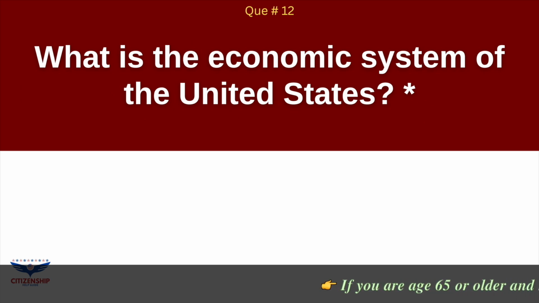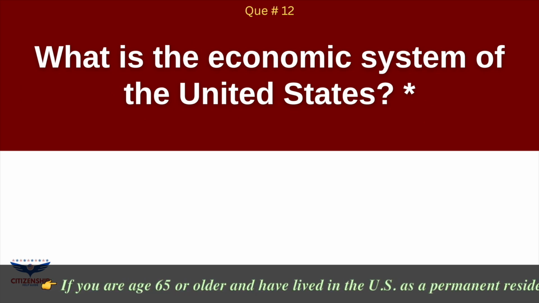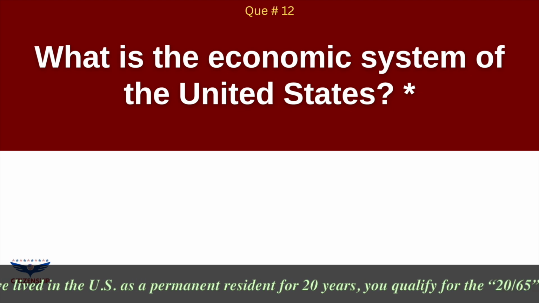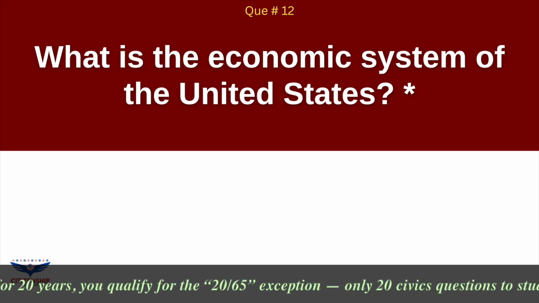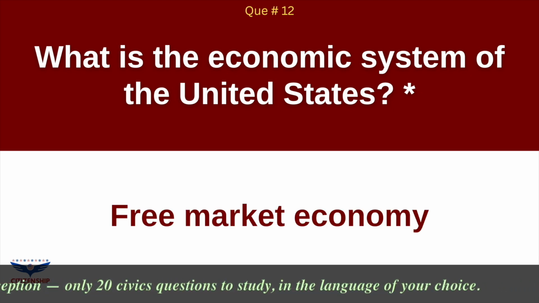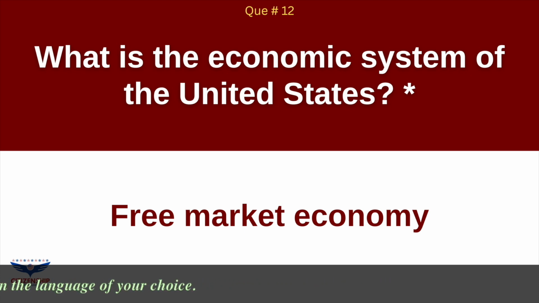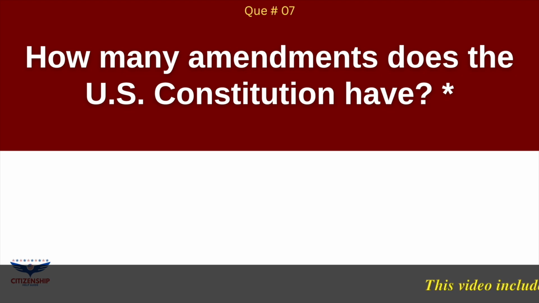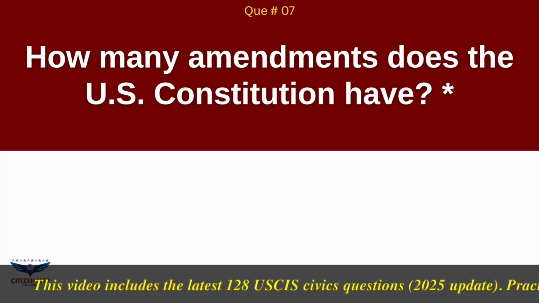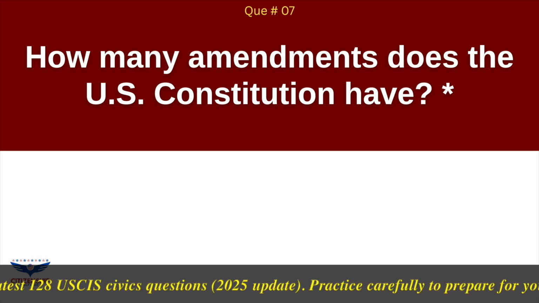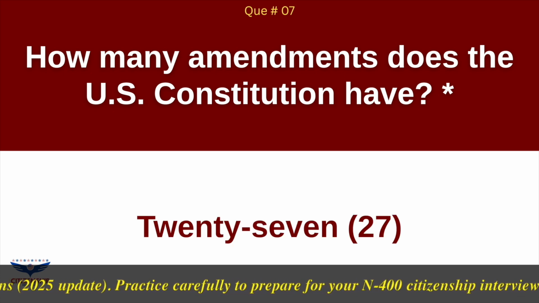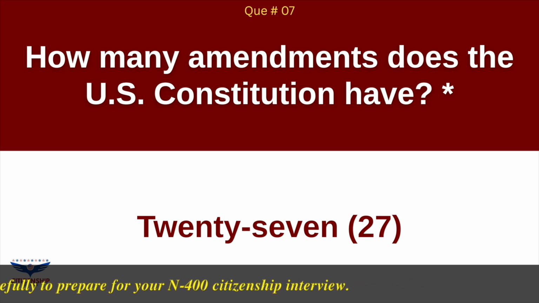What is the economic system of the United States? Free market economy. How many amendments does the U.S. Constitution have? 27.